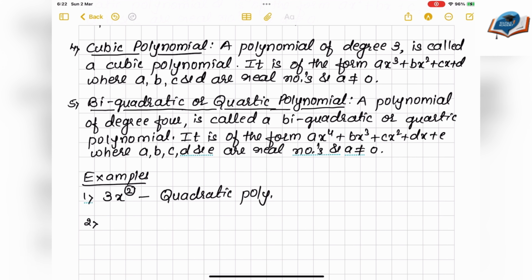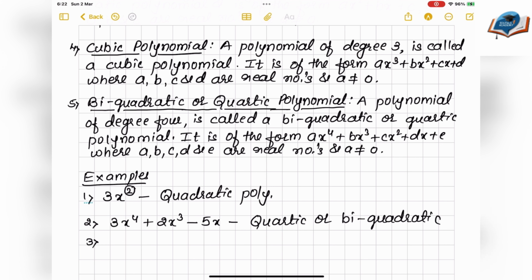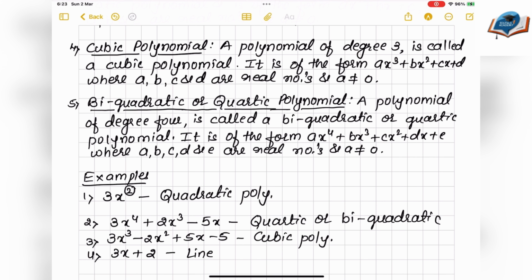Then, if it is given 3x raised to 4 plus 2x cube minus 5x, so this will be quartic or biquadratic. Then the third one is 3x raised to 3 minus 2x square plus 5x minus 5. So this is cubic polynomial. Then it can be 3x plus 2 also. So this will be linear polynomial.